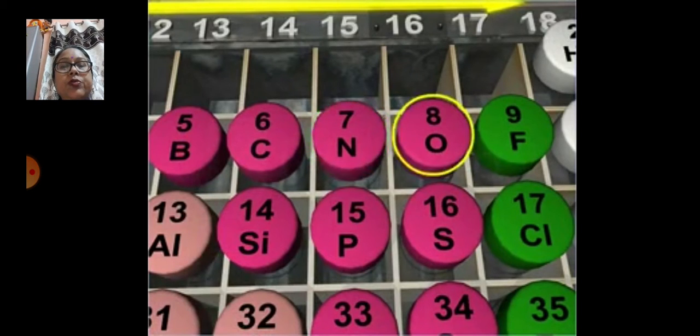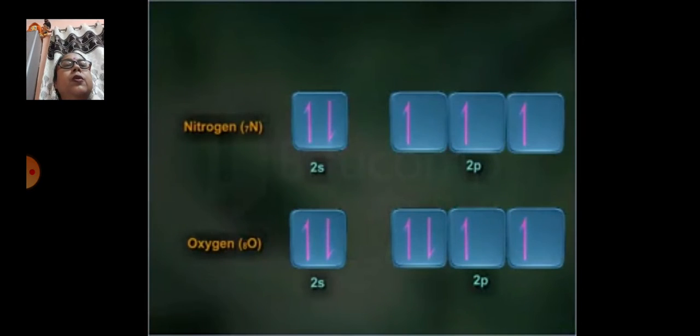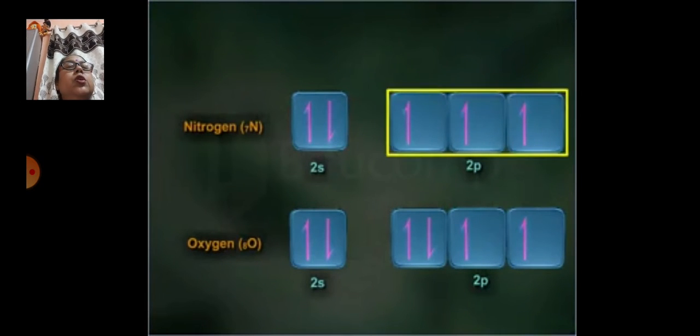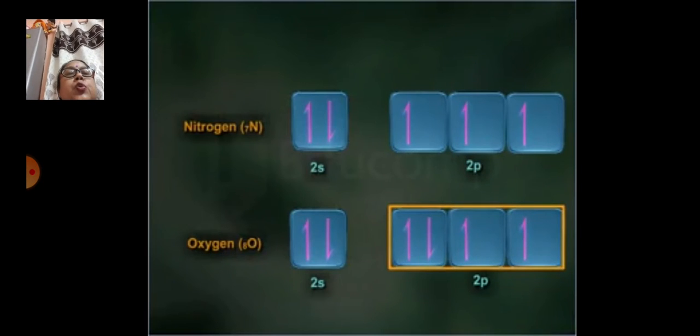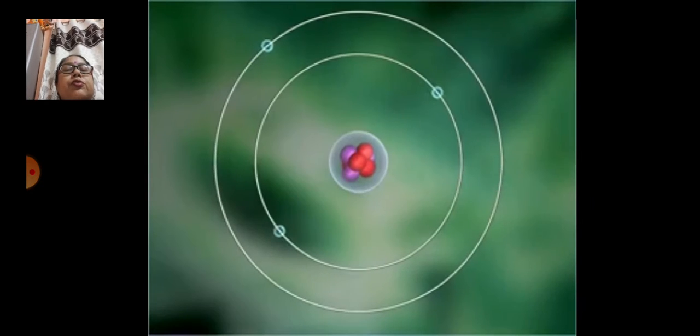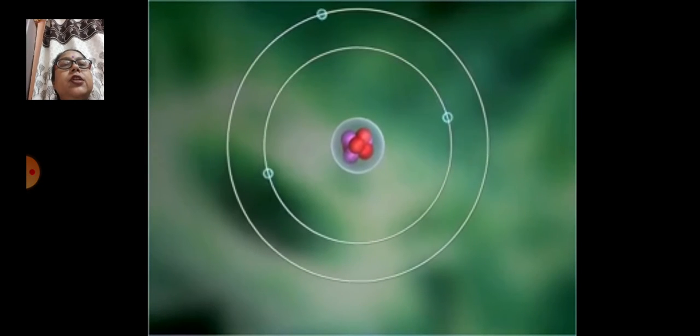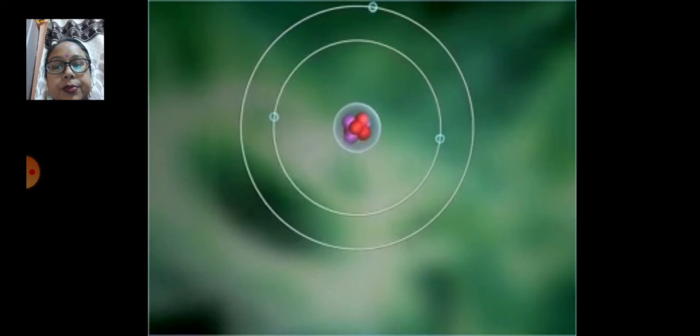Similarly, removal of a 2p electron from a nitrogen atom is more difficult as compared to a 2p electron from oxygen, due to half-filled stable configuration.